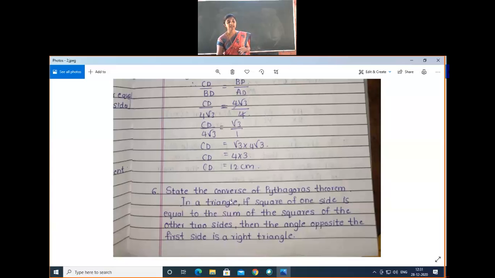That's why: in a triangle, if the square of one side is equal to the sum of the squares of the other two sides, then the angle opposite to the first side is a right angle. Then the triangle is a right triangle. That way also you can write the definition of the converse of Pythagoras theorem.